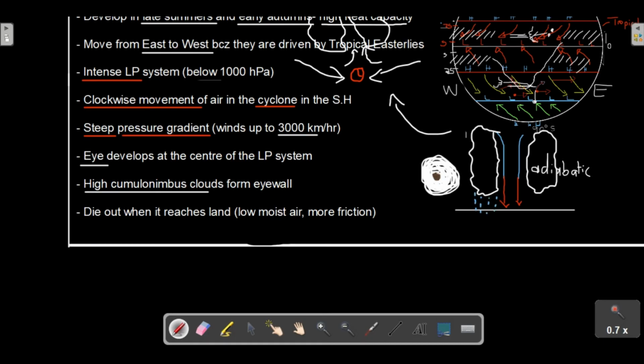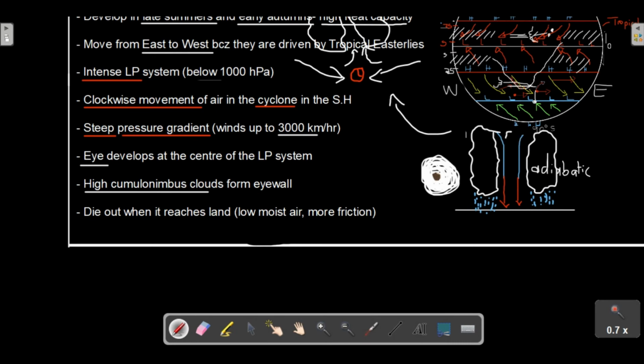The eye is what is referred to when you hear the phrase "the calm before the storm." So it's actually calm. There's no clouds here in the eye.